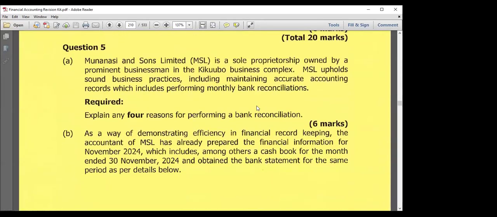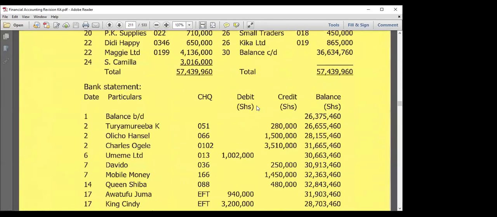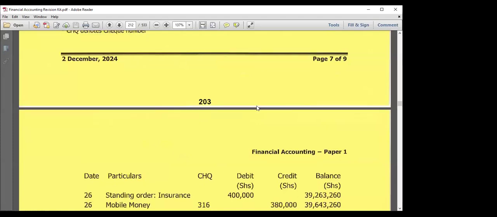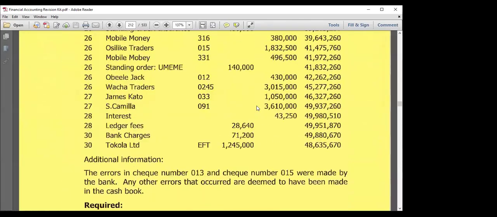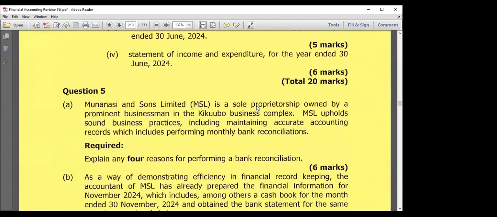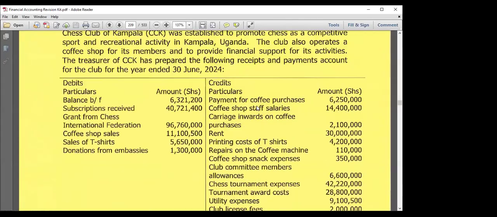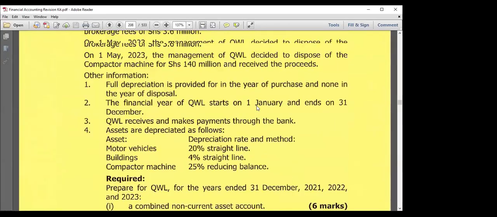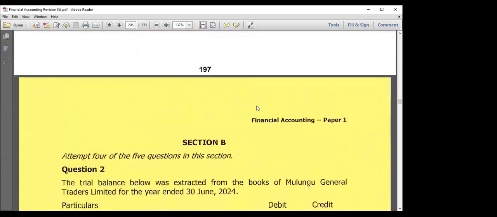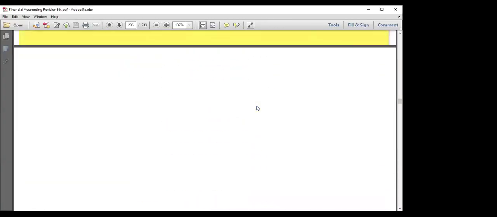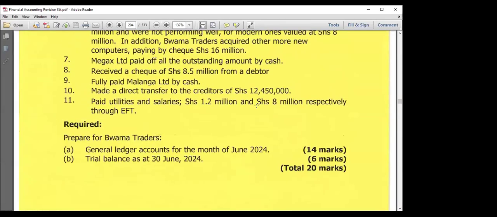But before we go even to errors, it's still about double entry, where we've been coming from. This is question number 6, August 2024.